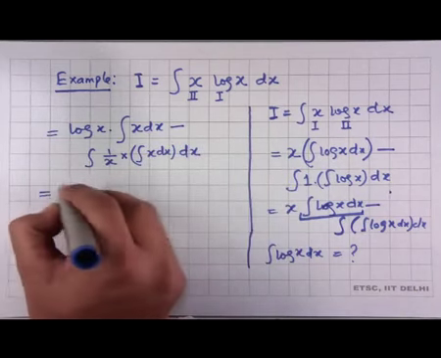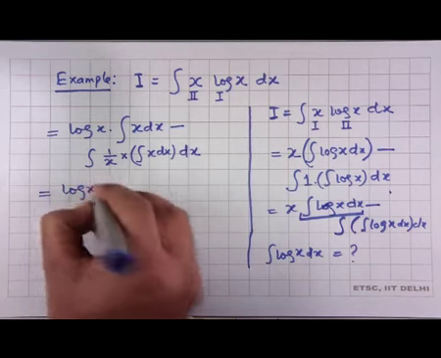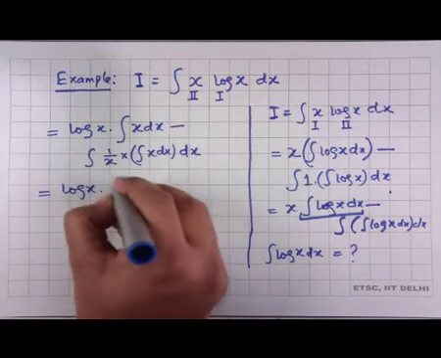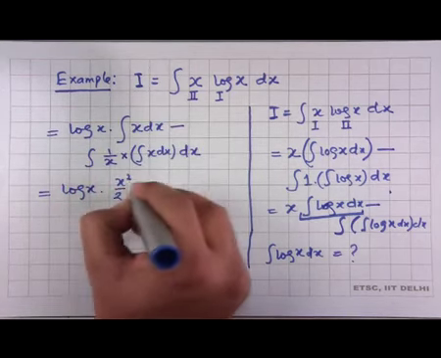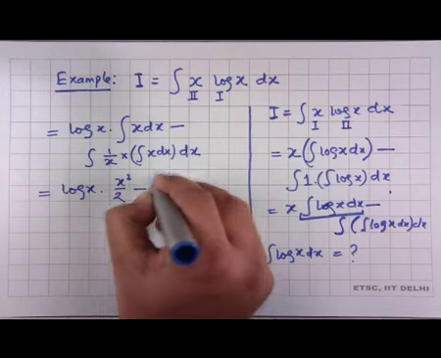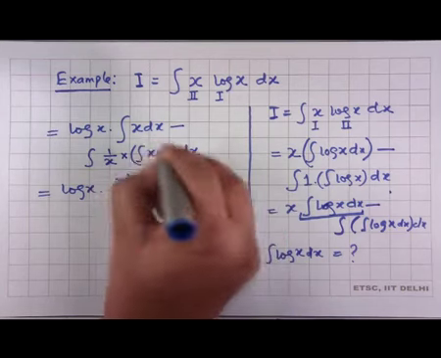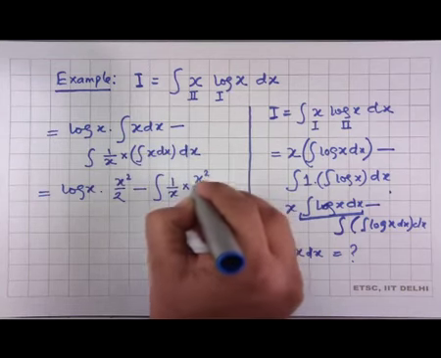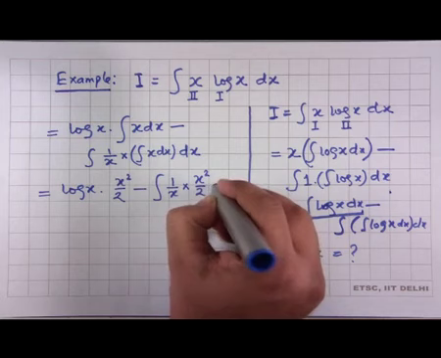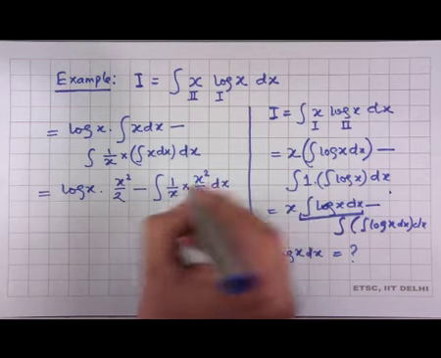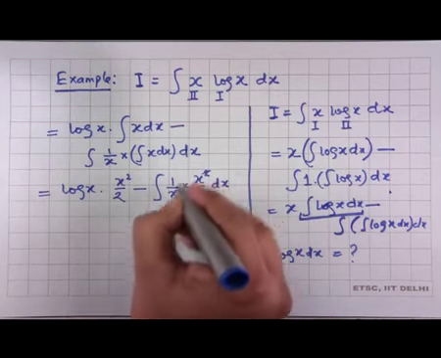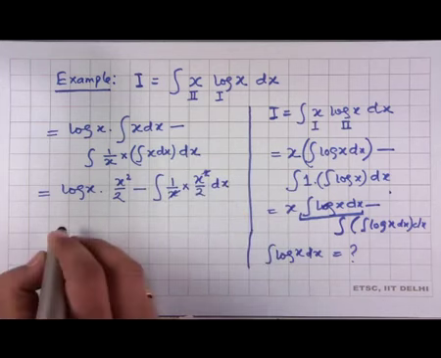This leads us to log x into integration of the second, x square by 2, minus integration 1 by x multiplied by this integration, x squared by 2, dx. Notice carefully this x cancels with x here.